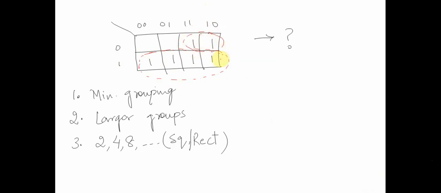Okay, so let's assume I choose these two groups. What will I end up getting? Let's assume this is x, y, z. This group will correspond to x because x is 1, and this corresponds to x bar x. This will be x bar plus y.